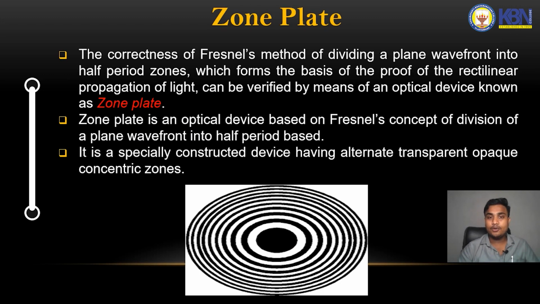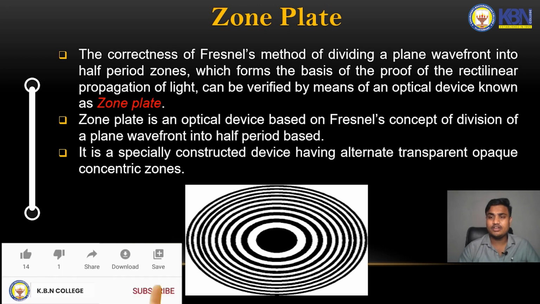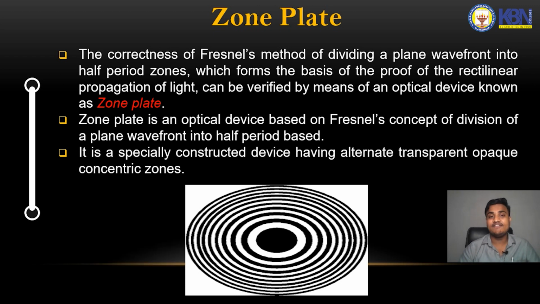Coming to the next important topic, the zone plate. The correctness of Fresnel's method of dividing a plane wavefront into half period zones, which forms the basis for the proof of rectilinear propagation of light, can be verified by means of a device known as a zone plate.